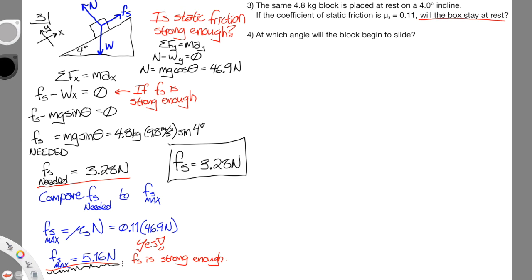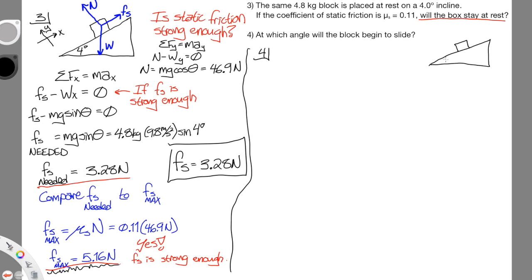Let's draw ourselves a little dividing line here. And problem 4. At which angle will the block begin to slide? The free body diagram will be the same as the other problems here, but I'm going to redraw it anyway for a slight difference that we'll talk about. We still have the box on the inclined plane.